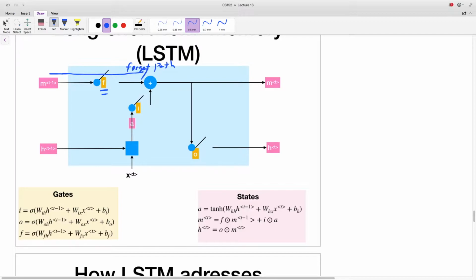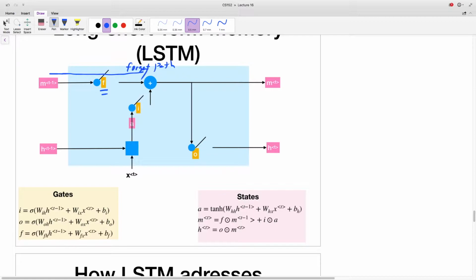All right, now let's look at the input gate. This just represents our calculating A. Our input gate says how much of A goes into M, and it's going to get added to whatever is there. So if I is 1, how much goes?